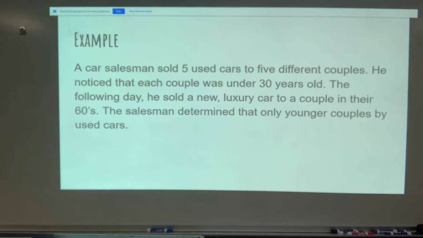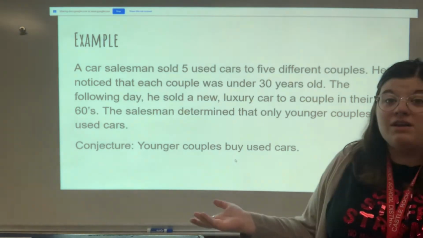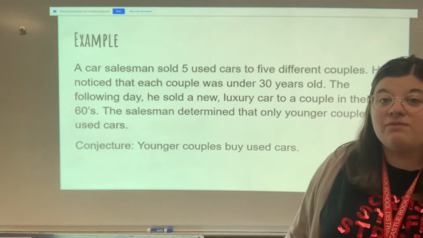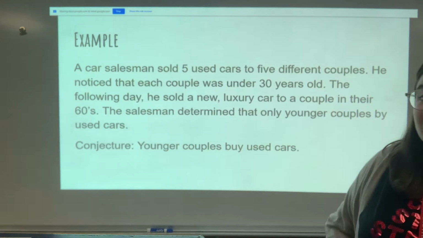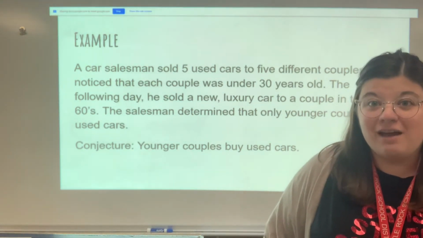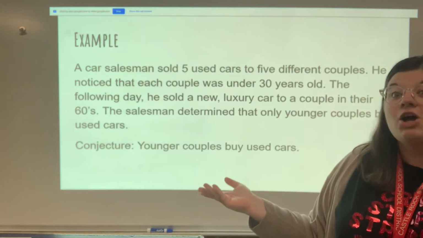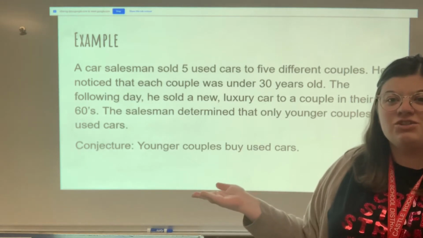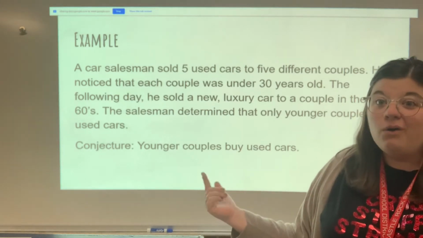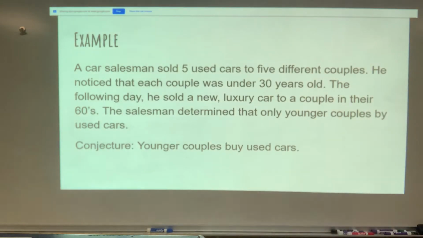So from this real-world example, we can make the conjecture that probably young people are the ones that are buying used cars. They haven't been saving up for years versus the couple in their 60s have been saving up for years. They've hit retirement. They have money that they can spend. All right. So the car salesman makes this conjecture that from what he's seen so far, only used cars are being sold to younger couples. All right. It's a statement that he believes to be true, a conjecture.